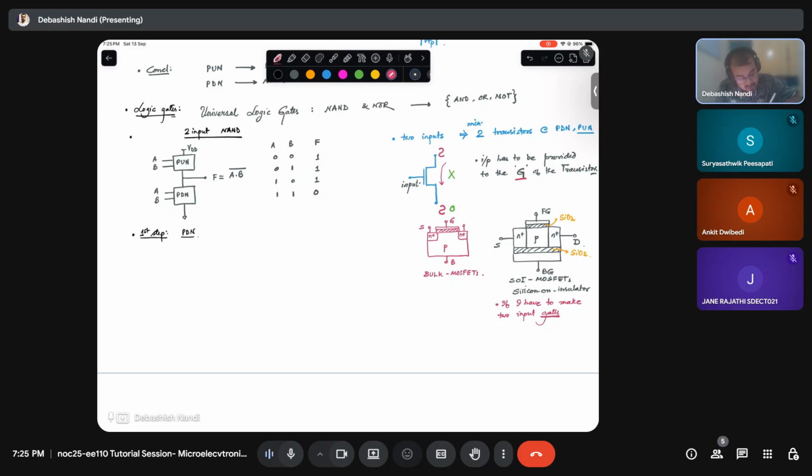So two gates. I have to make a logic gate with two inputs. One transistor is enough. Okay. Yes, sir. Because I can turn on and off.